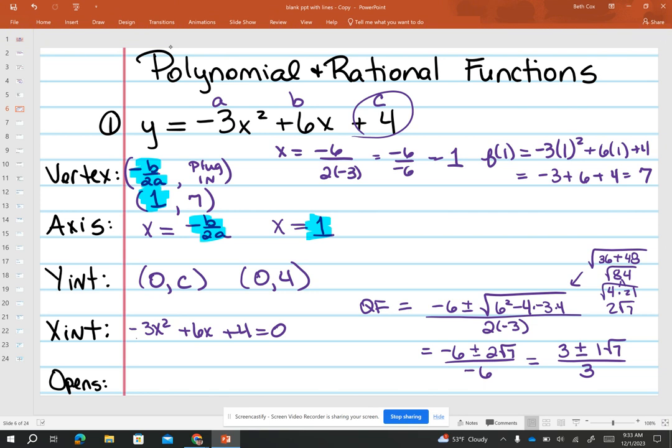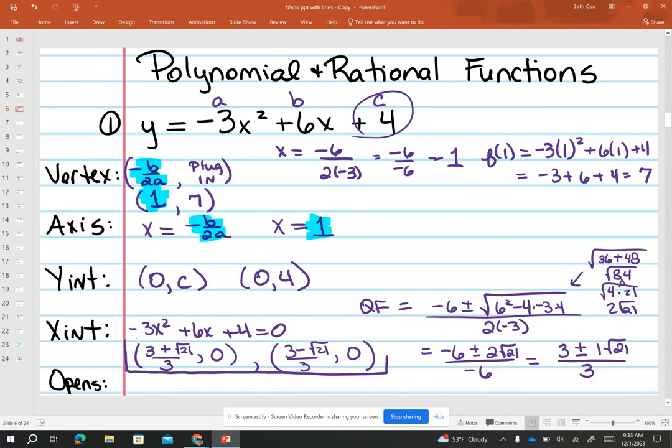Now when you type this in, you literally have to type it in as 3 plus the square root of 21 over 3, comma 0, and 3 minus the square root of 21 over 3, comma 0. It literally records you. You have to record all of that when you type it in.